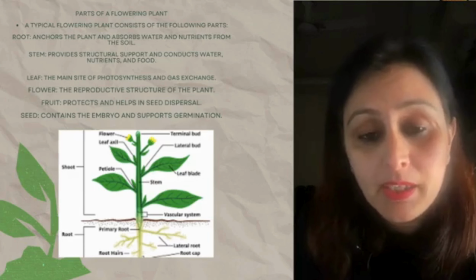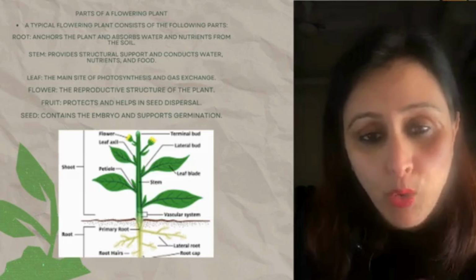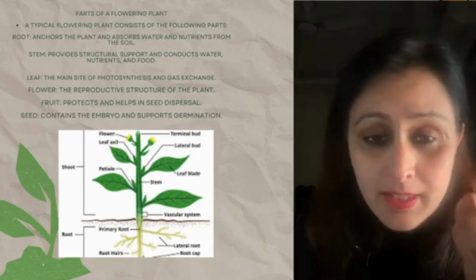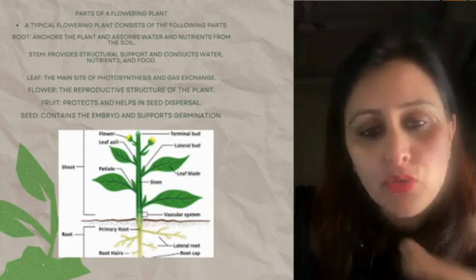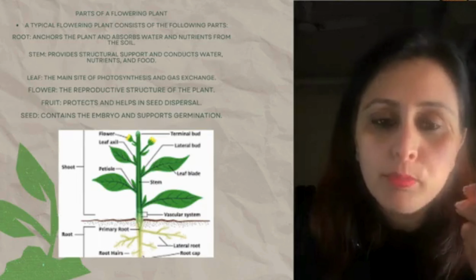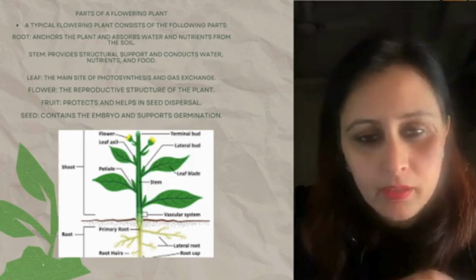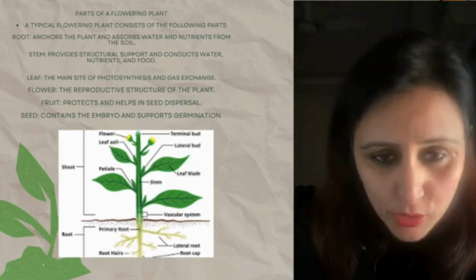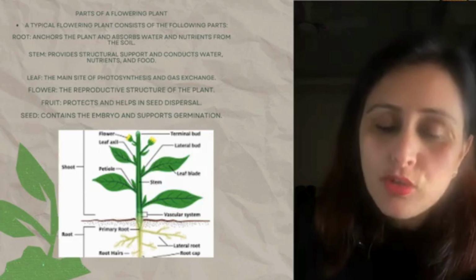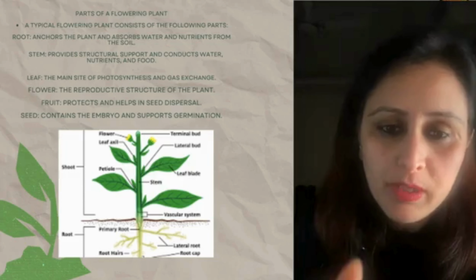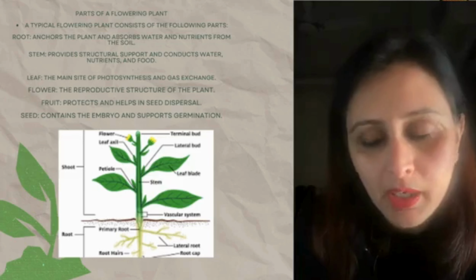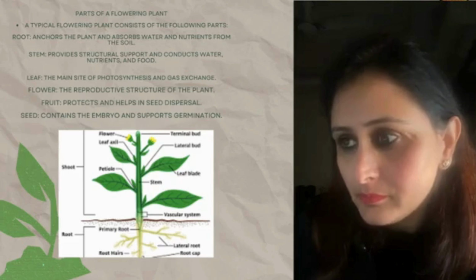It is the one that keeps the plant sturdy and holds it in its place, right? So anchorage, and secondly is absorption. Whenever we have to water the plant or put minerals or anything to the plant, we always put it in the soil that it is sown in. So absorption is also one of the main roles played by the roots.